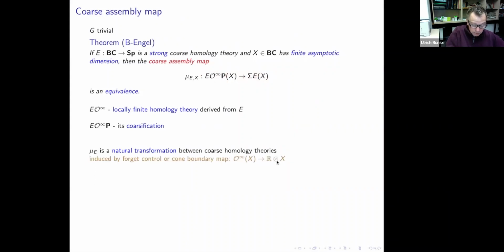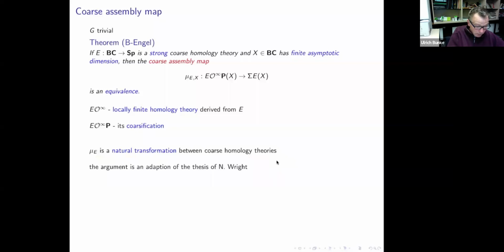So the cone is essentially the product of R with X with a particular coarse structure, which is smaller than the product coarse structure. And if we make it bigger to the product coarse structure, this is somehow the forget control map. So this comes from the cone boundary. Okay, so this is our version of the coarse assembly map.